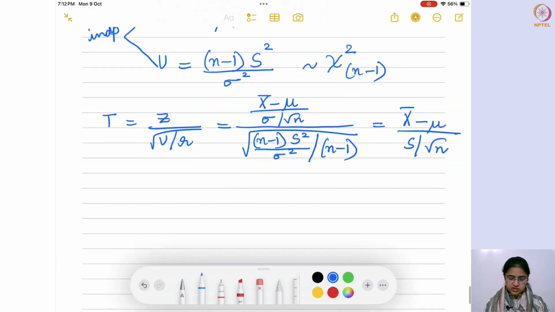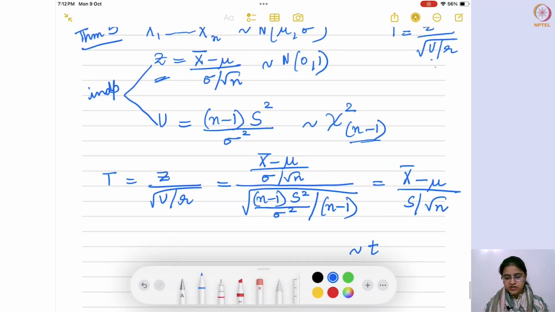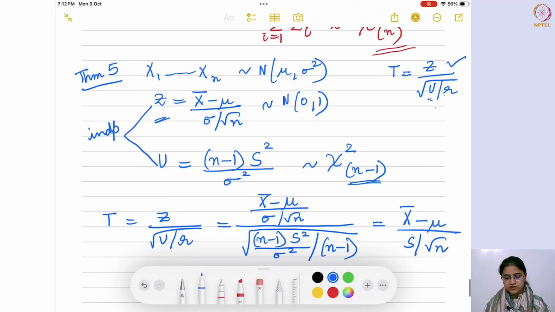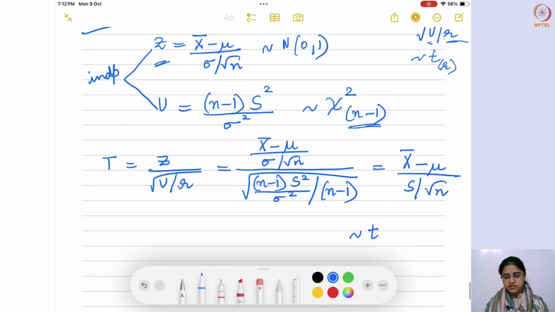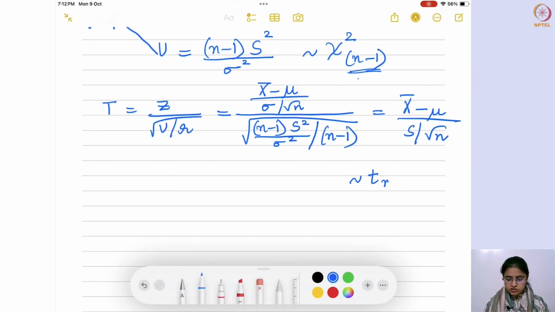This we know is going to follow t distribution with the same degrees of freedom which are in the chi-square distribution. Okay, in this case U is chi-square with r degrees of freedom, so that is why it follows t distribution with r degrees of freedom. In our case, since U has n-1 degrees of freedom, the t distribution will also be with n-1 degrees of freedom.